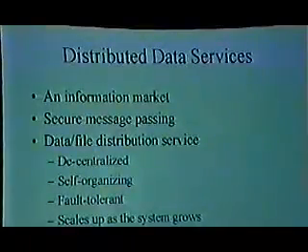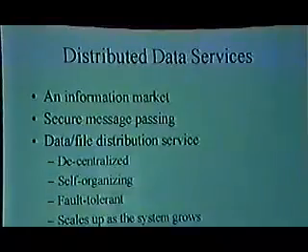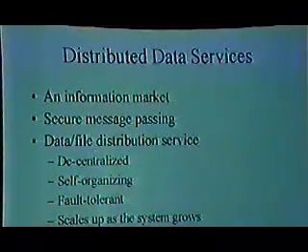And on top of that, we build this data content and distribution system. It's decentralized. There's no center to this system. It's a bunch of independent agents all basically trying to buy and sell services with each other. So if what people think of as the top or the center of the system disappears, the market continues. The market will just keep going on, and people will find new parties to exchange data with.